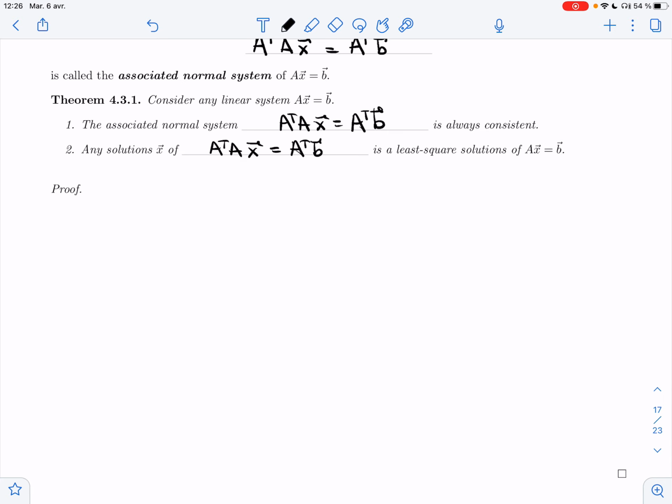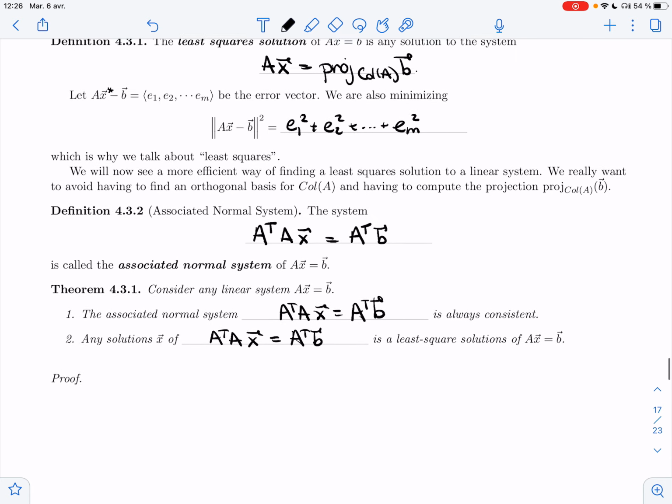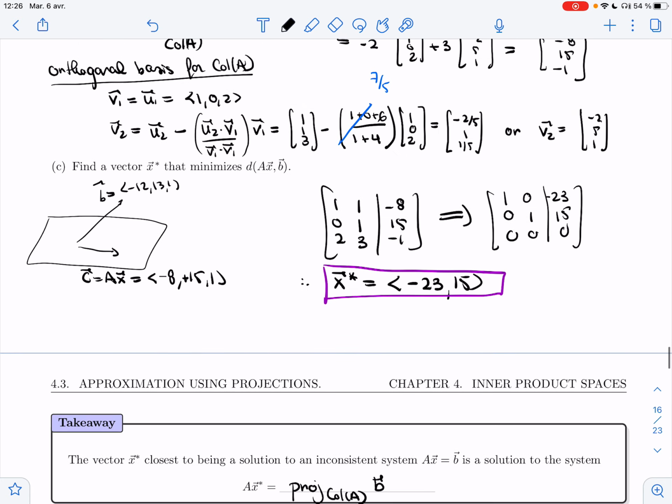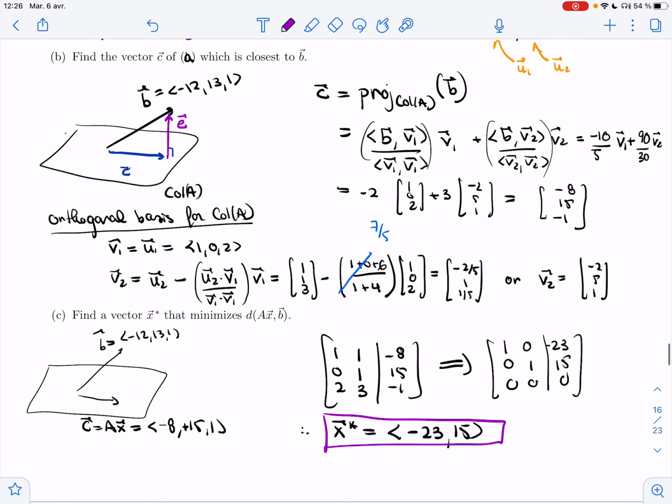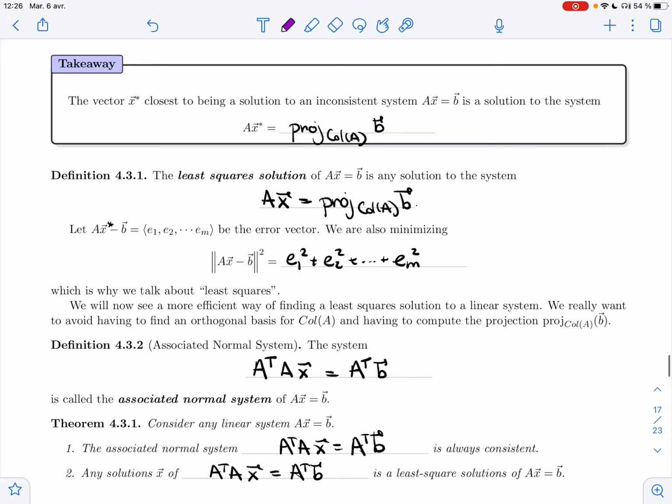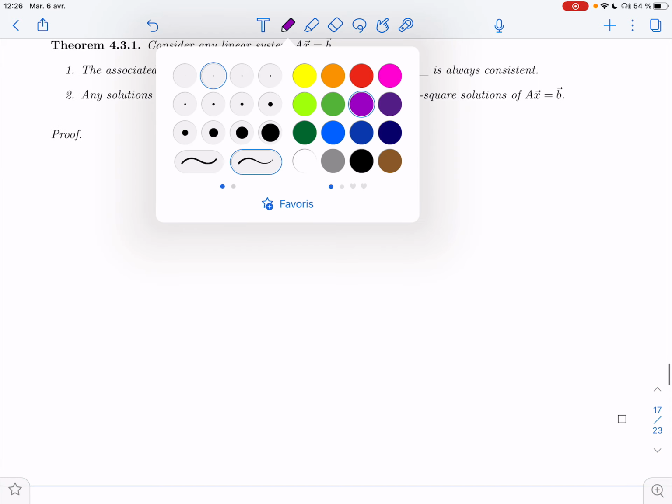All right, so first thing, I'm going to look at what it means. So this is the vector e that we talked about before, the error vector. I want to look at when a vector is perpendicular to the column space.